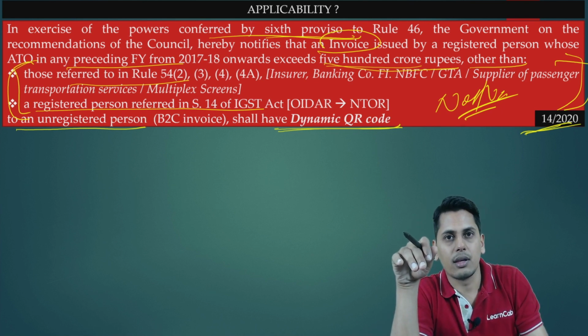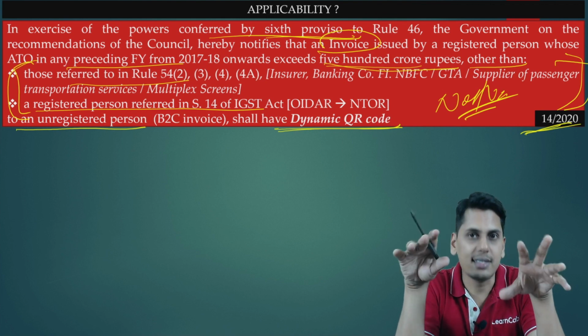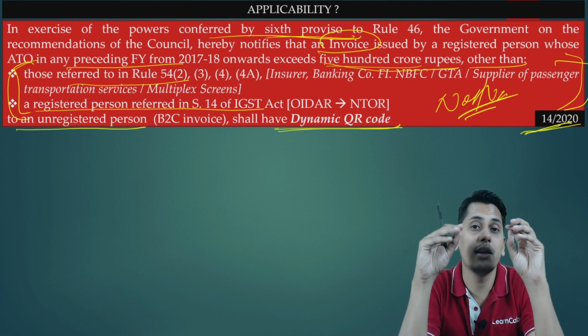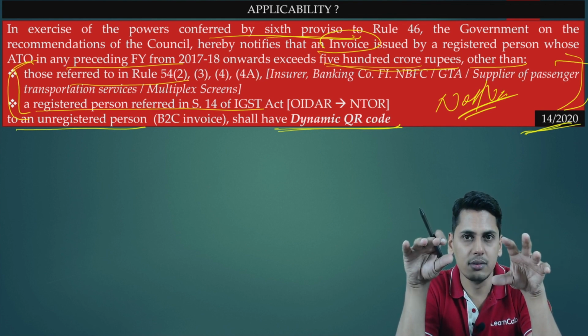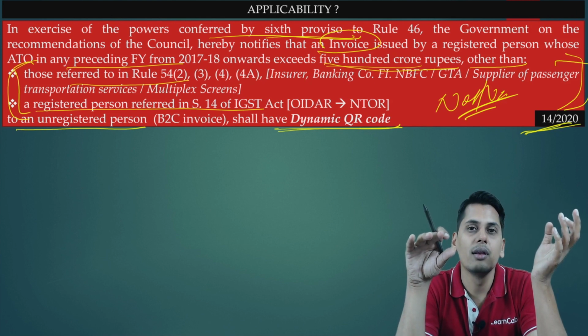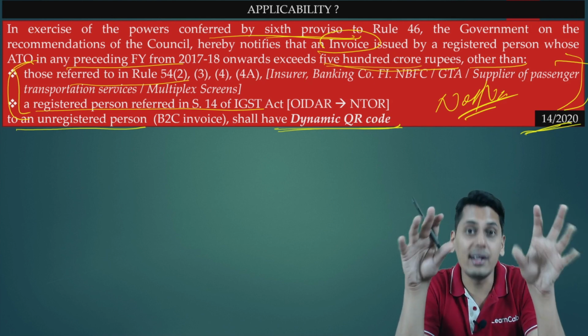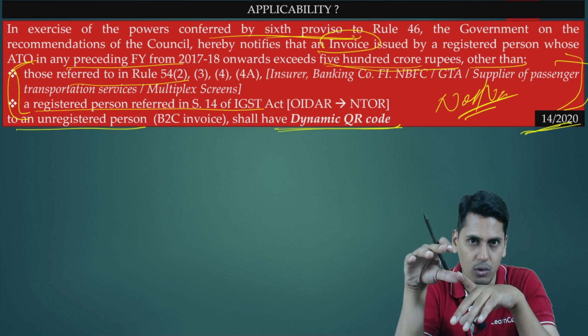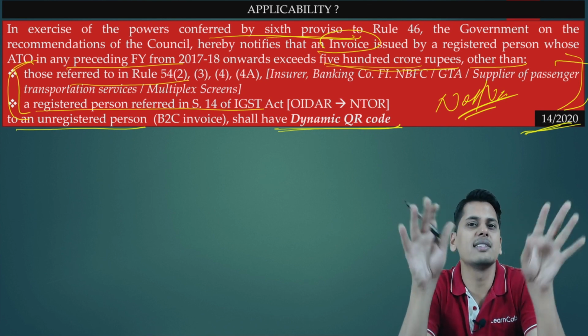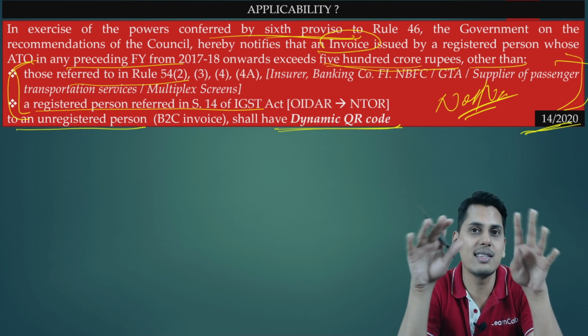14/2020 tells you that an invoice which is raised by those registered persons whose aggregate turnover in any preceding financial year from 17-18 onwards is exceeding 500 crore rupees, other than these registered persons. Who are those other than these registered persons?